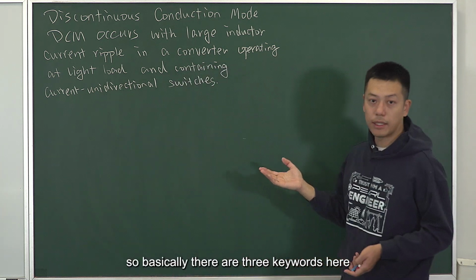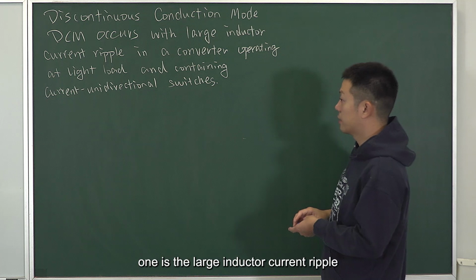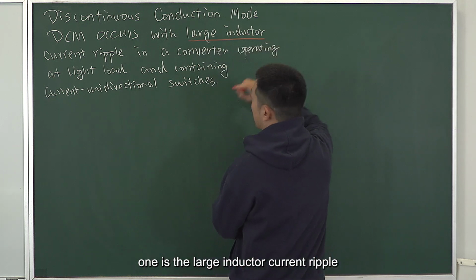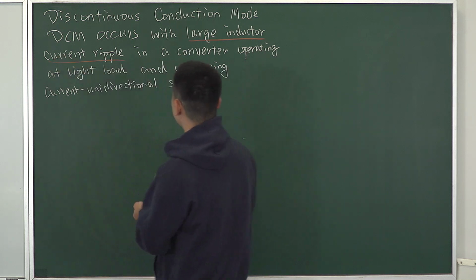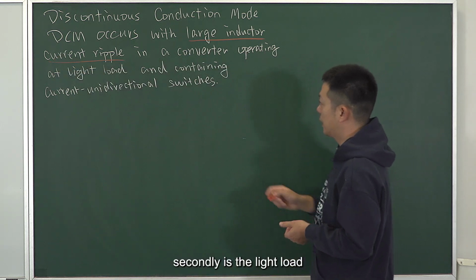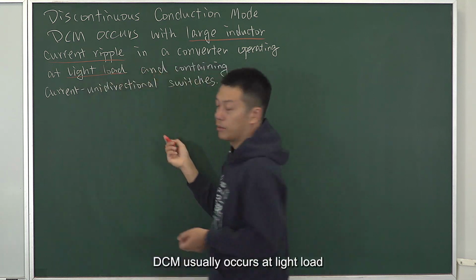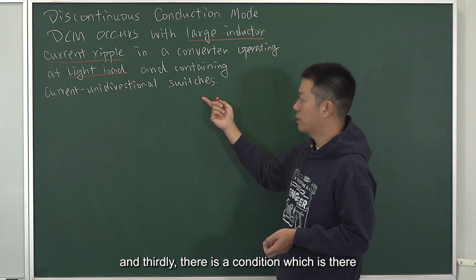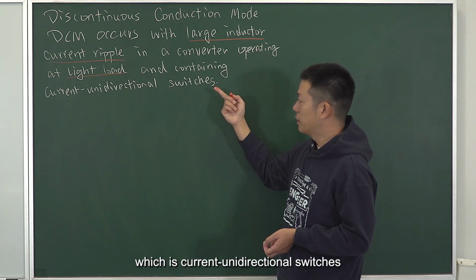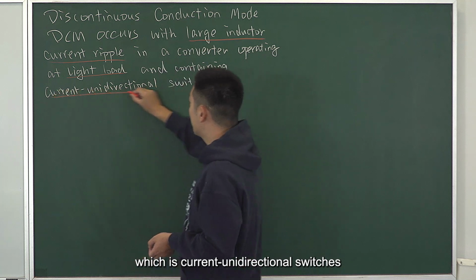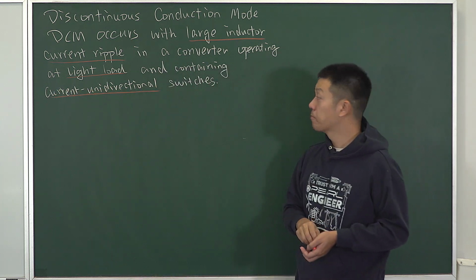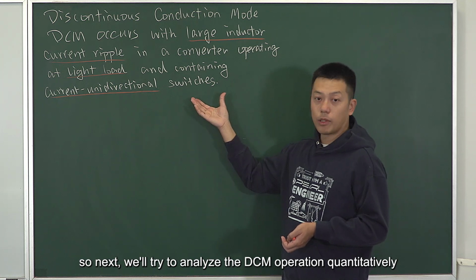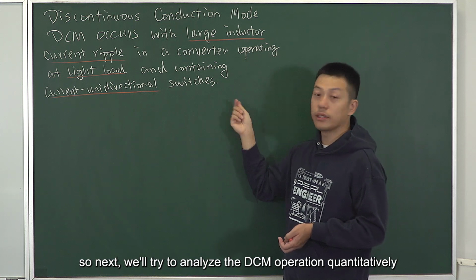So basically, there are three keywords here. One is the large inductor current ripple. Secondly is the light load. The DCM usually occurs at light load. And thirdly, there is a condition which is current unidirectional switches.